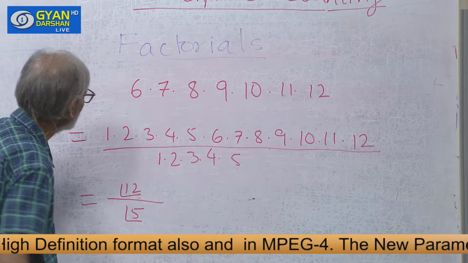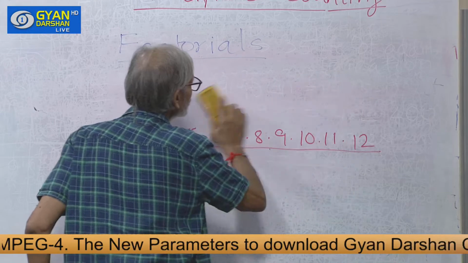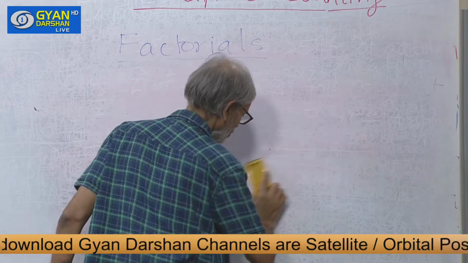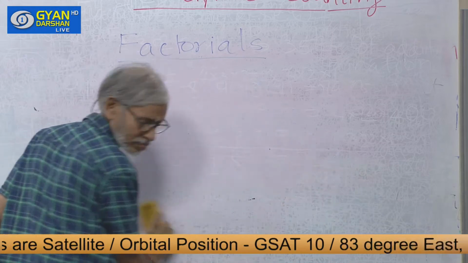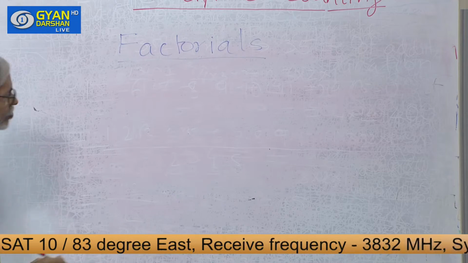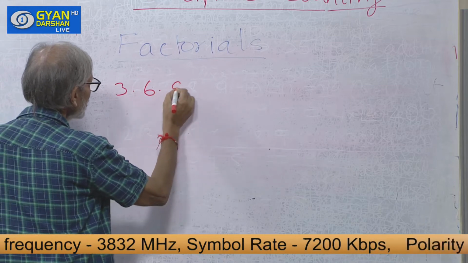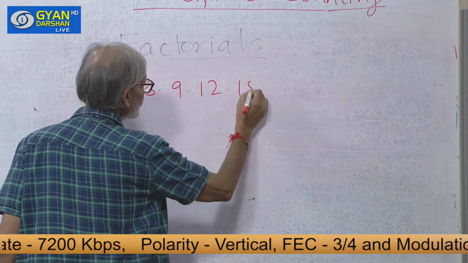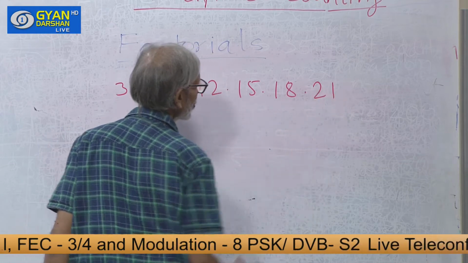Suppose another example is there. 3 into 6 into 9 into 12 into 15 into 18 into 21.